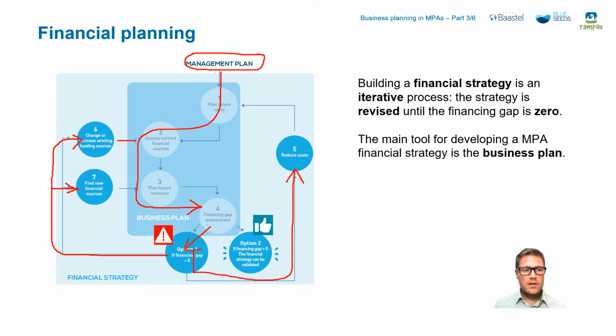And so you see here how this is an iterative process. Every change in the system will affect the financing gap until eventually, hopefully, there will be a moment when the financing gap is close to zero, which means that your financial strategy is a good one.